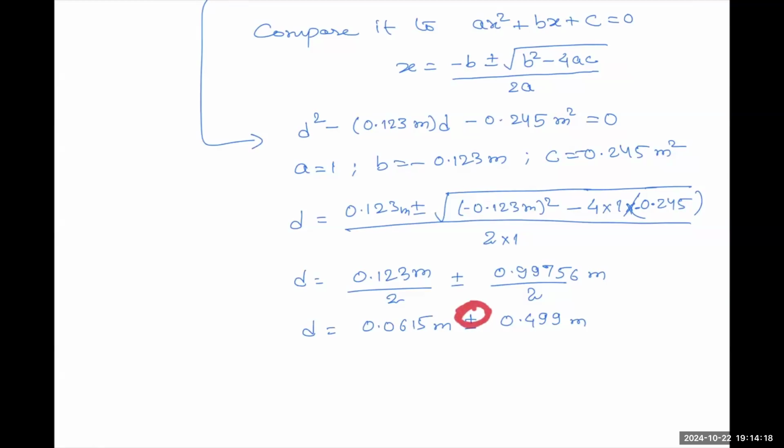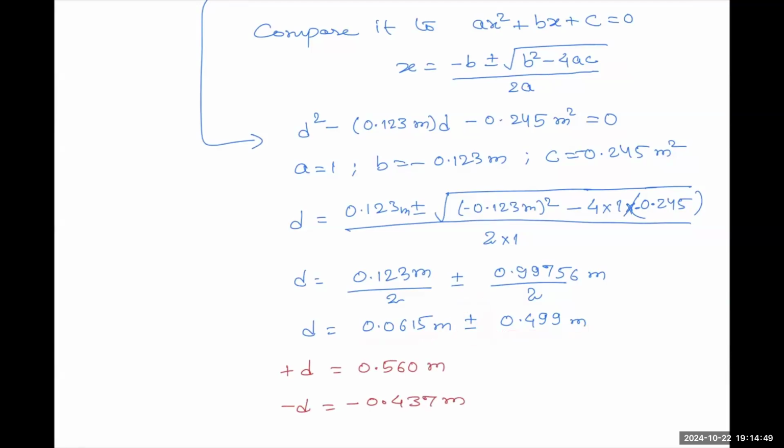Because if we take positive, then we're adding to our height. But if we take negative, what happens? Okay. For positive D, that will give me 0.560 meter. And negative D would give me what? If I select the negative value, I'm going to get negative 0.437 meter, right?